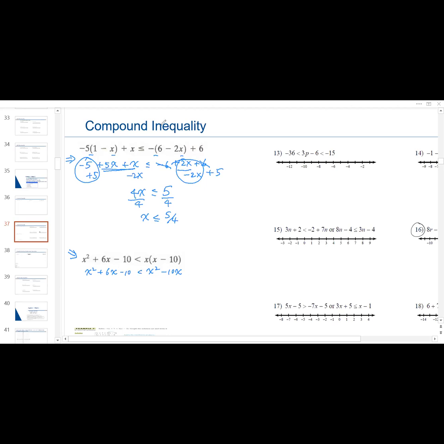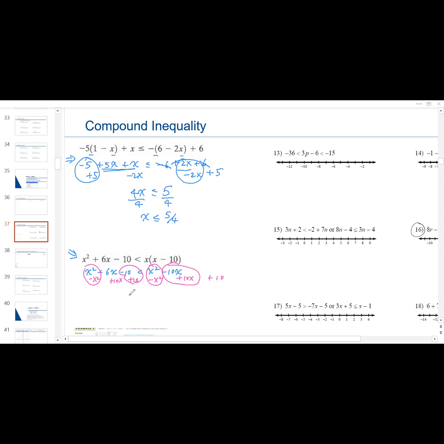So both sides, we try to minus x squared, minus x squared. So this disappeared, right? Again 0. Both sides plus 10x, both sides plus 10x. So this one disappeared, making it more simplified. Both sides plus 10, plus 10. So this disappeared.